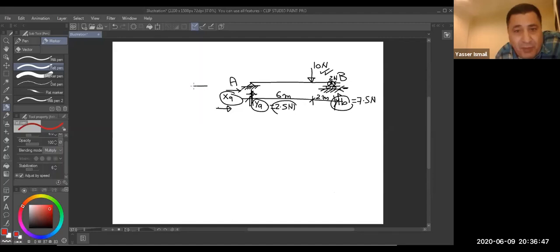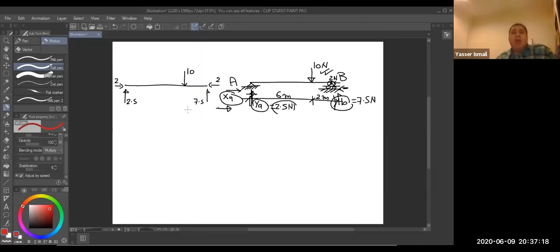You have a body, with a force here equal to 2.5, and another external force equal to 10, and a reaction here, external force 2, and a reaction here of 7.5.